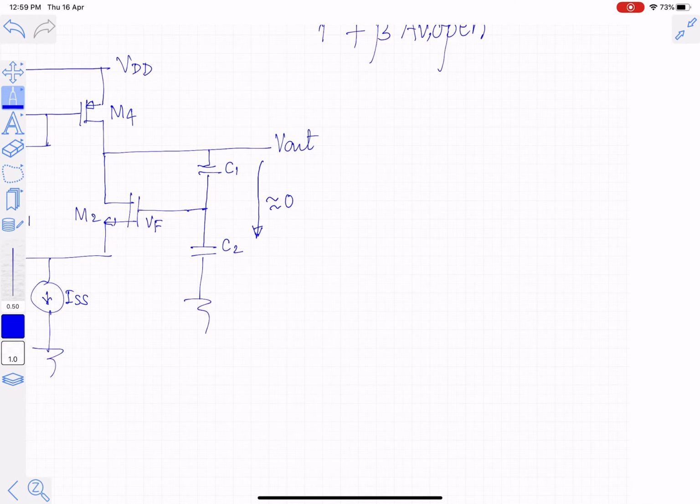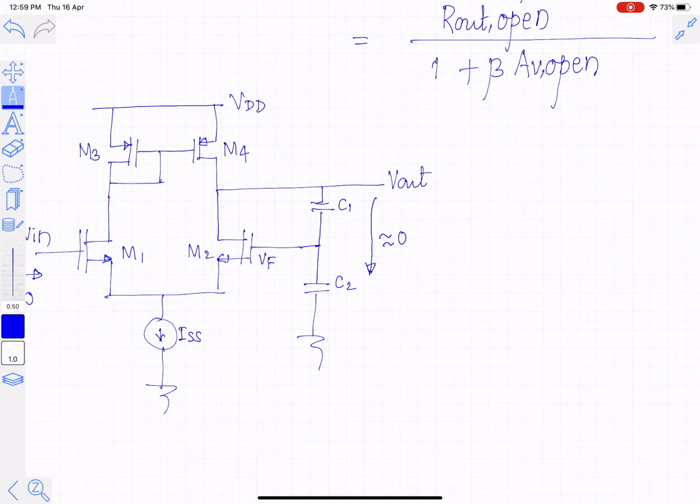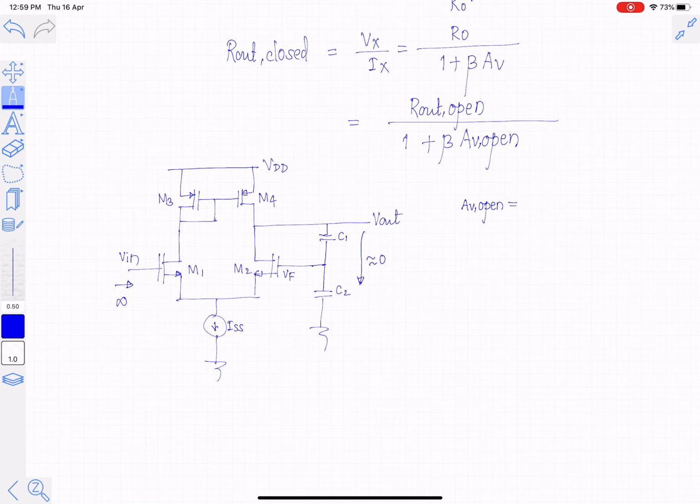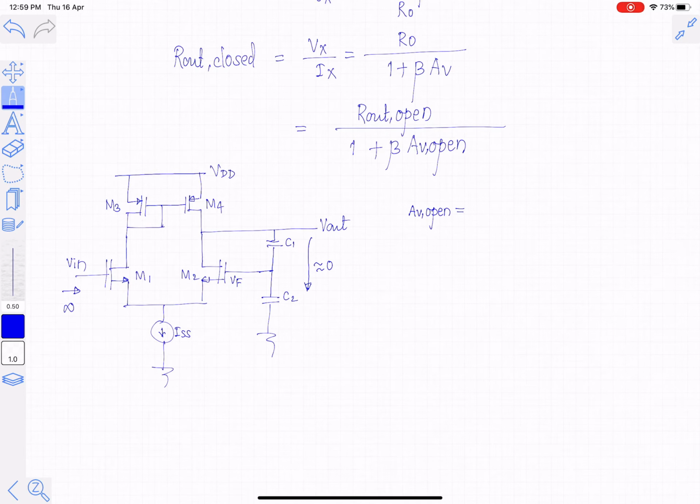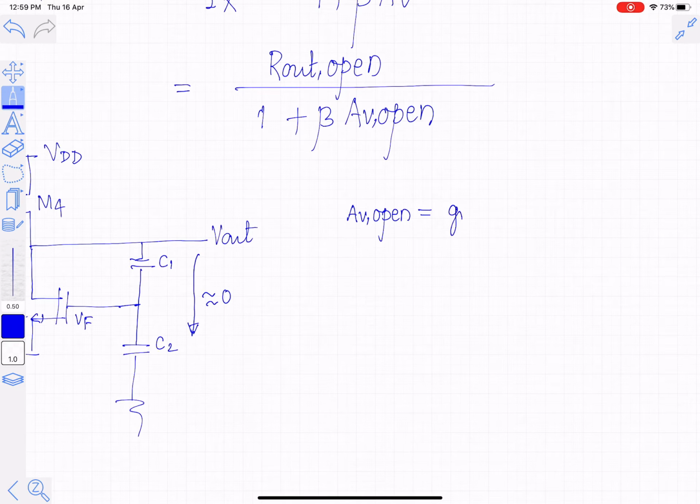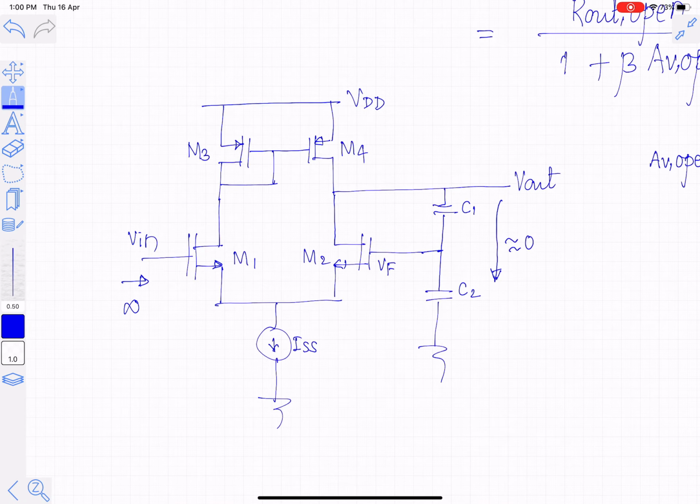So in this case, we know that AV open, that is the open loop gain of the single-ended output differential amplifier, is given by GM1 into RO2 parallel RO4. Remember that this input terminal is called the non-inverting terminal.